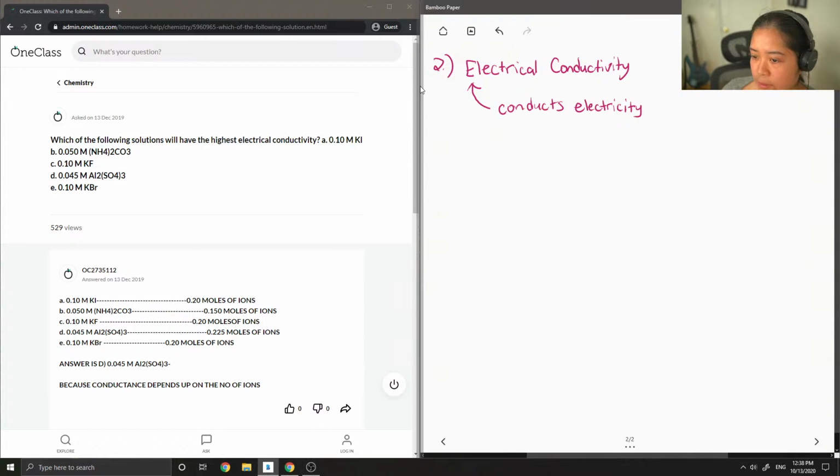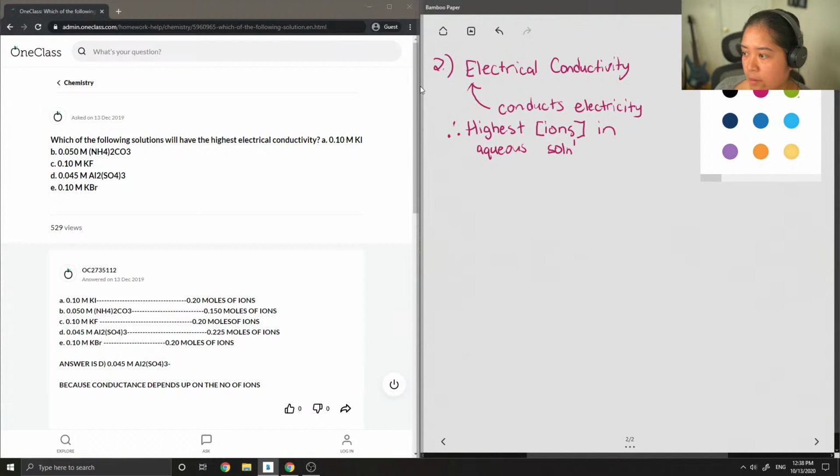What we're looking for in the aqueous solution is the highest concentration of ions. So just go over each solution and try to calculate its concentration of ions.